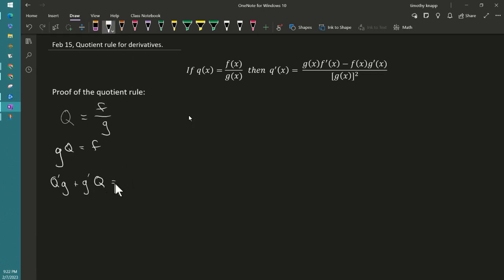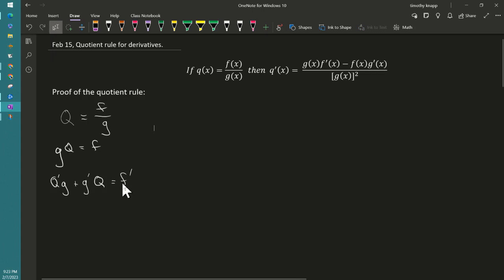And this would be the derivative of f, remembering that q was the quotient of two functions. And so there we have it.